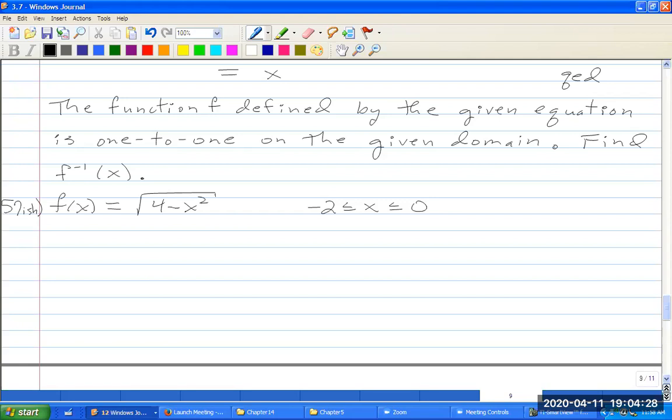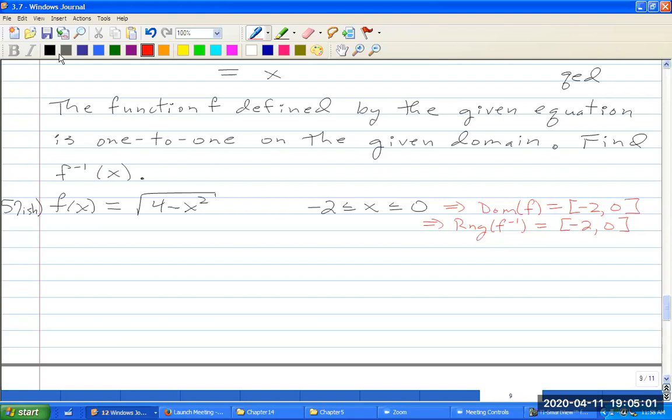So this says the domain of f is -2 to 0. But that means that the range of the inverse function is the same as the domain, which is -2 to 0. And that's going to be important.